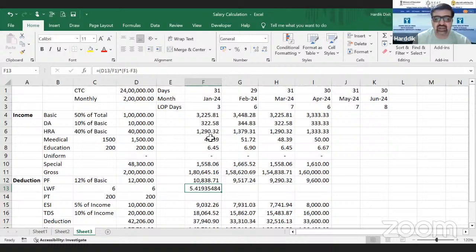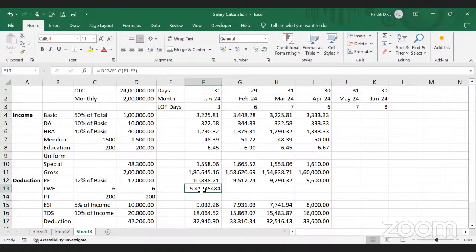Each value will have its impact. This month it is 6 rupees, right? So there also there will be an impact.